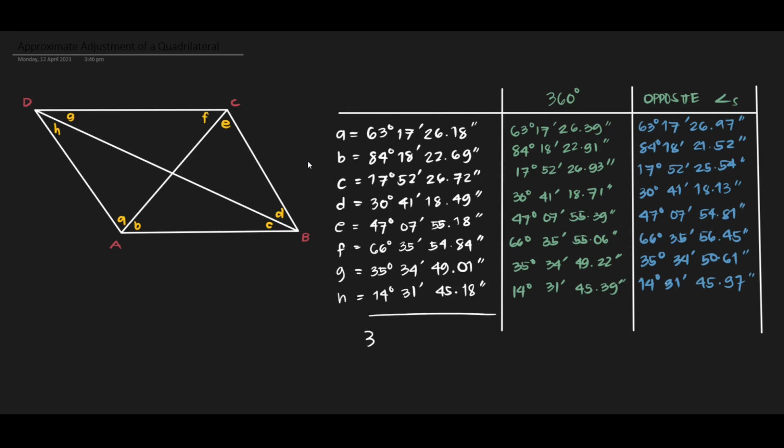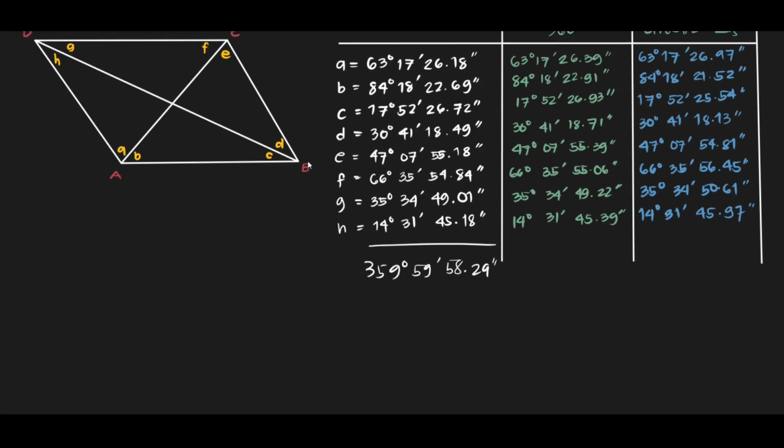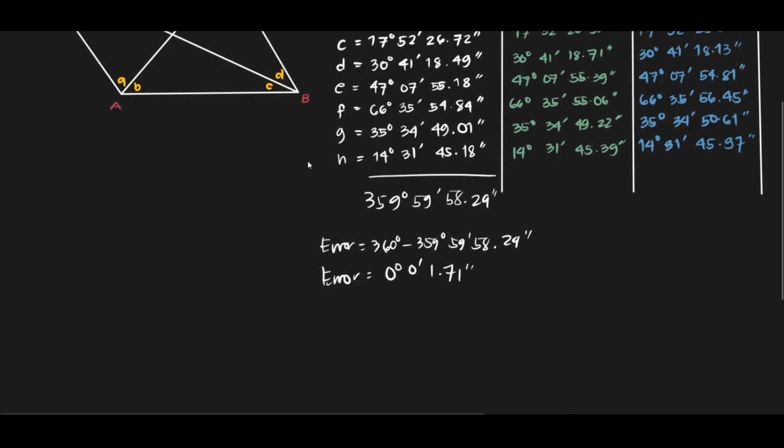If you add all these angles, you will get a total of 359 degrees, 59 minutes, and 58.29 seconds. Now if we want to calculate the error, that will be 360 degrees minus 359 degrees, 59 minutes, and 58.29 seconds. So you will get an error of 0 degrees, 0 minutes, 1.71 seconds.